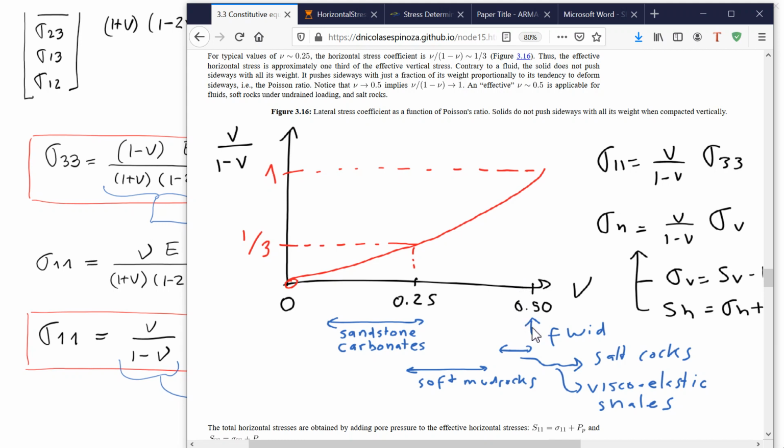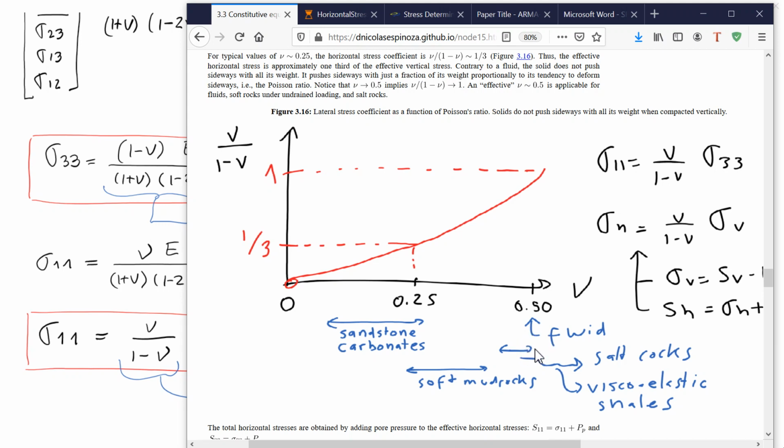And I say here something very specific that I call an effective Poisson ratio, because many of these materials are not really linear elastic. But sometimes this simplification of assuming the material is linear elastic and defining an effective Poisson ratio can be useful in practice. And this is what we have done in this case.